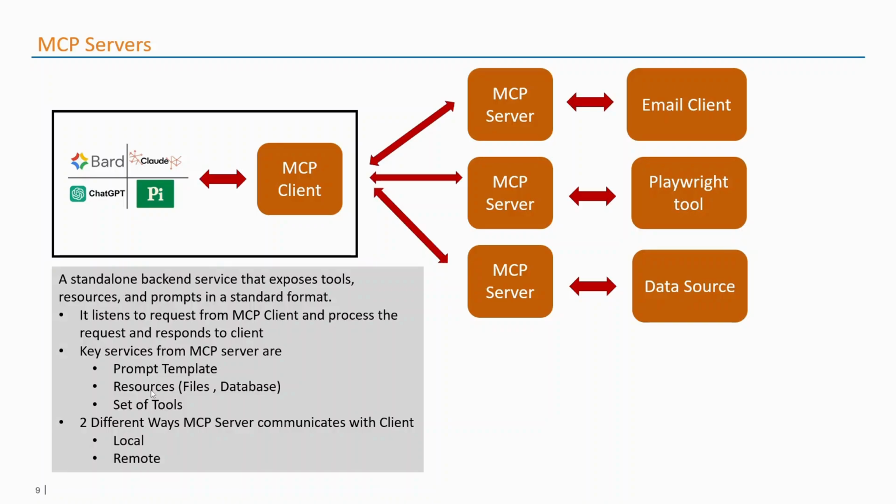The key services provided by the MCP server are the prompt templates, resources, and a set of tools. We already talked about tools and resources. And what is a prompt template? A prompt template is a predefined structure used to communicate with the LLM.